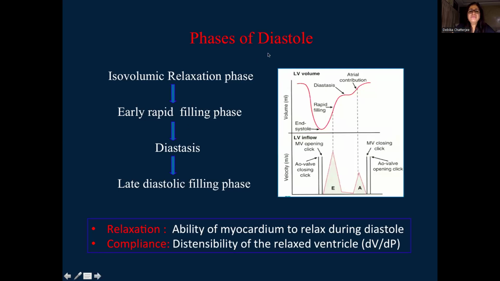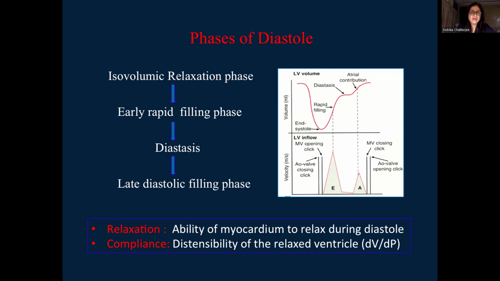Now, if we look at the phases of diastole, well, it starts from the isovolumic relaxation phase. Now, this is the phase when both the mitral valve and the aortic valve are closed. The ventricle is taking rest. It is relaxing.